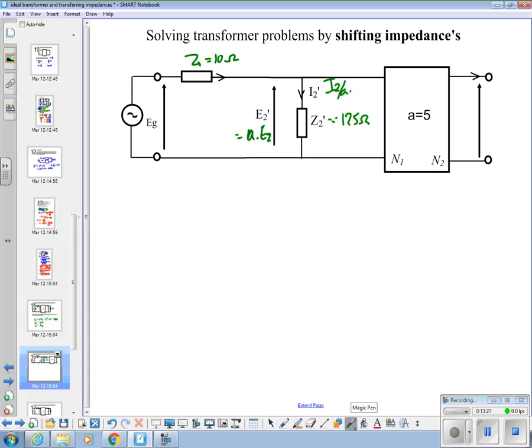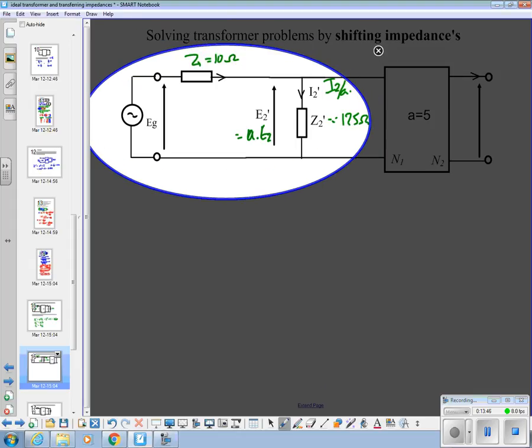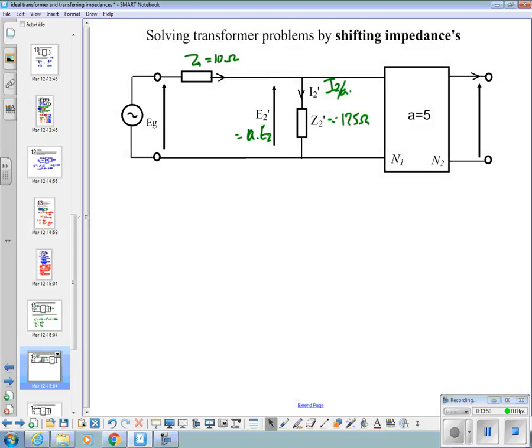Can we forget that transformer now? All we got is that. We've got a single series circuit around there, haven't we?